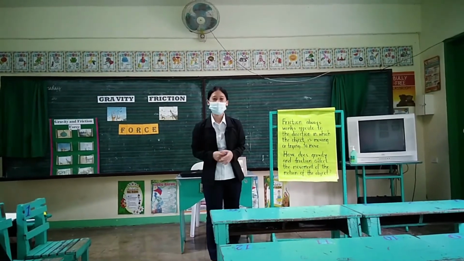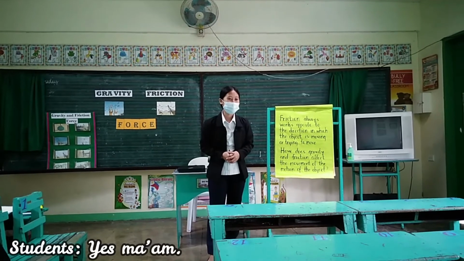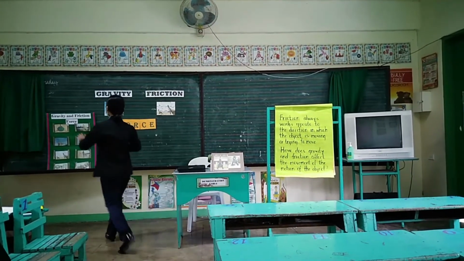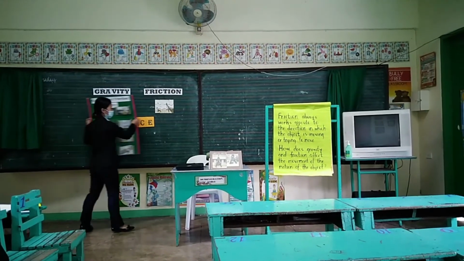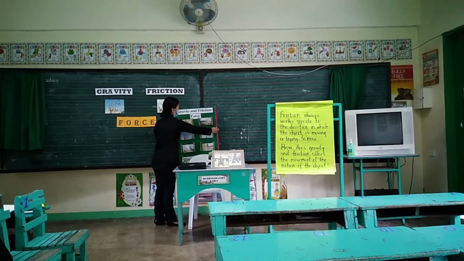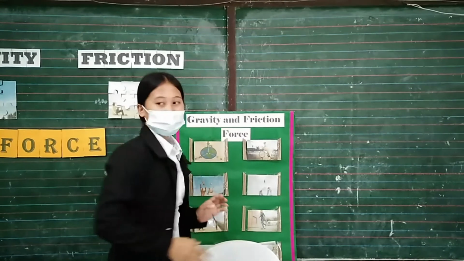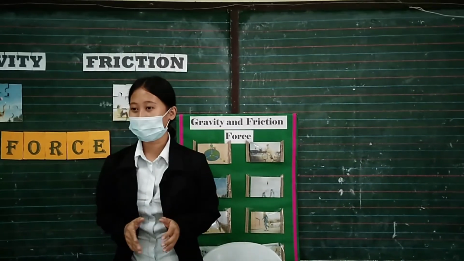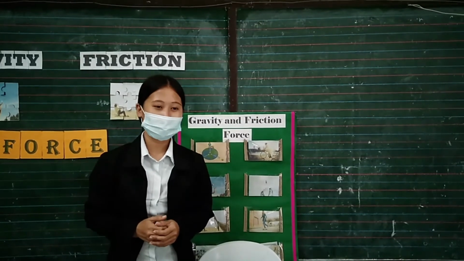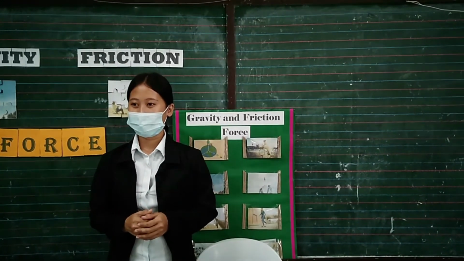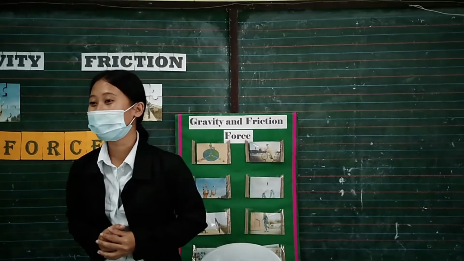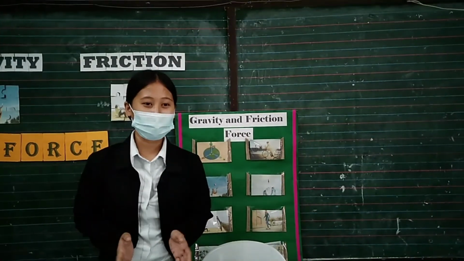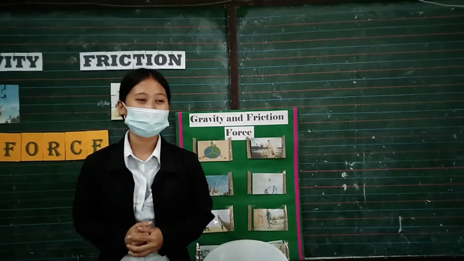Okay, class, are you ready for an activity? Okay, very good. And now, I have here an instructional material. And there are different pictures which are examples and not examples of gravity and friction force. And now, I will call you one by one and I will give you a picture. This time, you are going to put where it belongs.